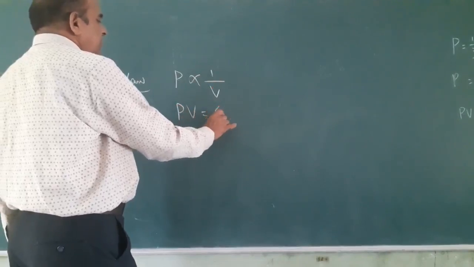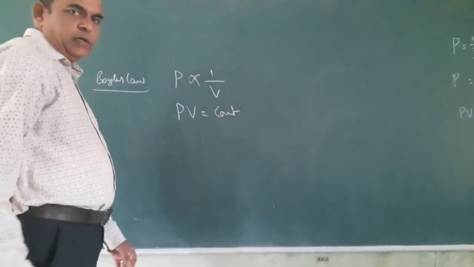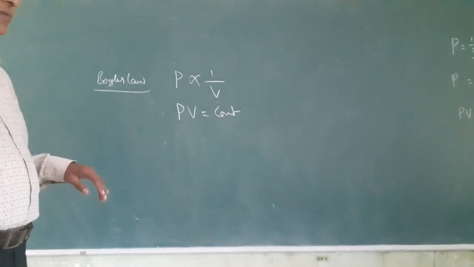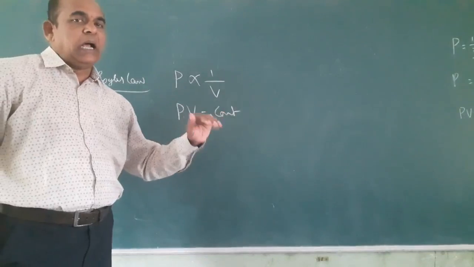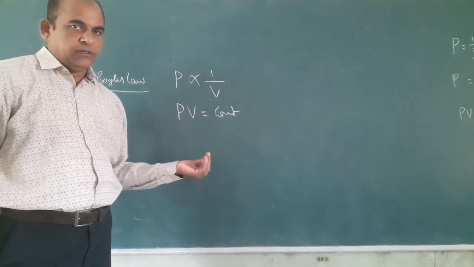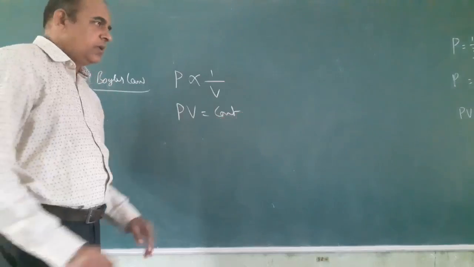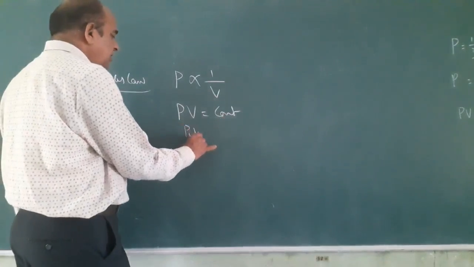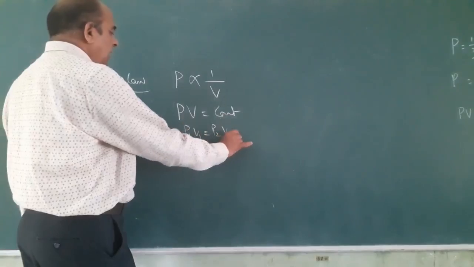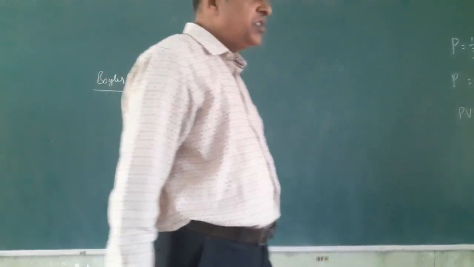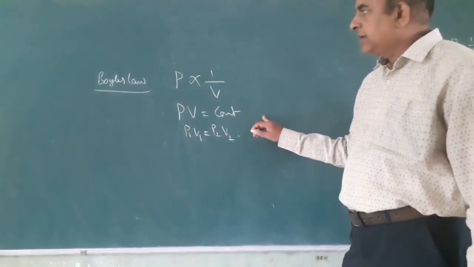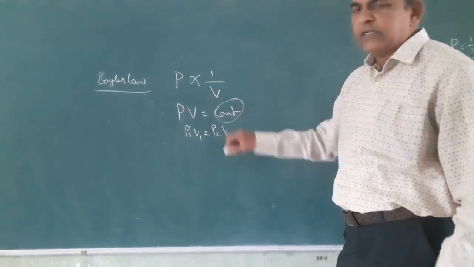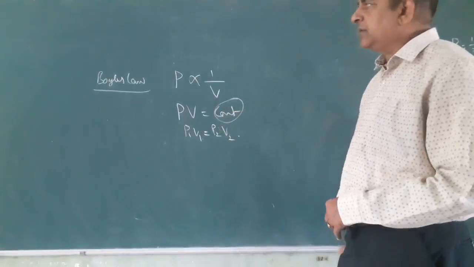Therefore, PV is equal to a constant at a constant temperature. This constant depends on the mass and nature of the gas. Since PV is constant, we can write P1 V1 is equal to P2 V2.